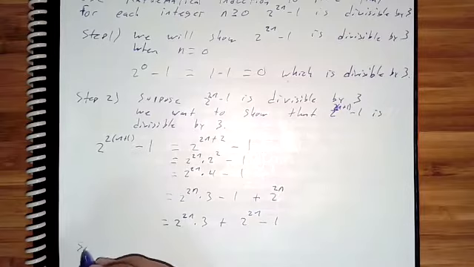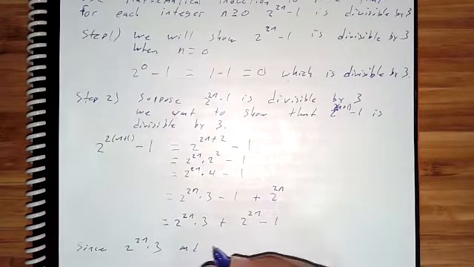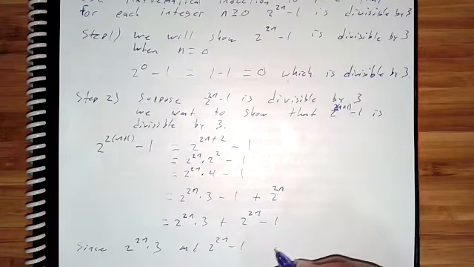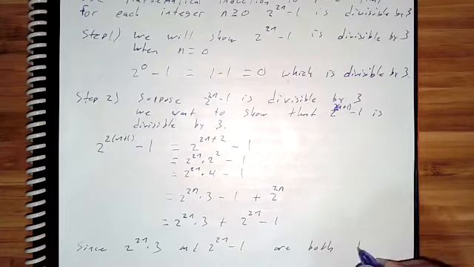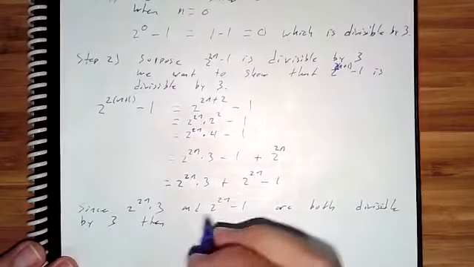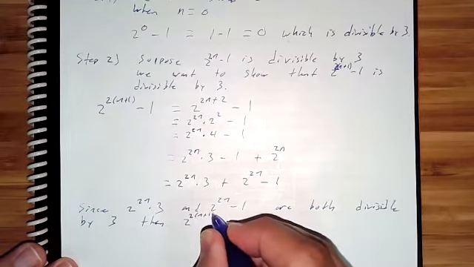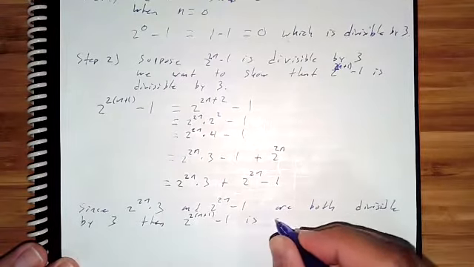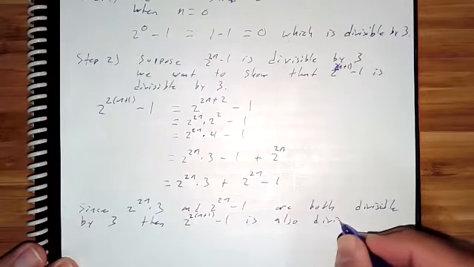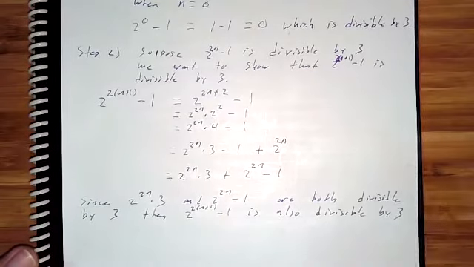So since 2 to the 2n times 3 and 2 to the 2n minus 1 are both divisible by 3, then 2 to the 2(n+1) minus 1 is also divisible by 3, which is what we wanted to show. So there's step 2.